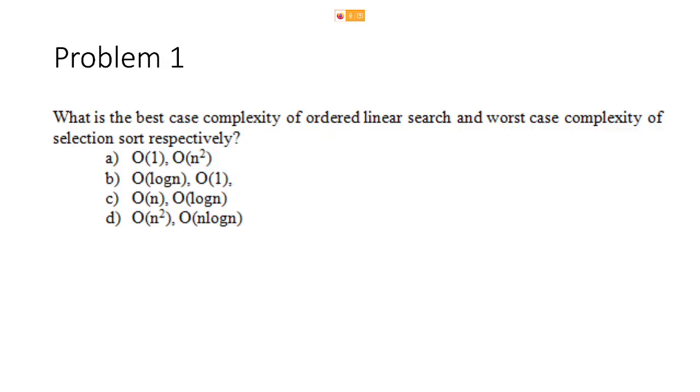Okay, so problem 1 is, what is the best case complexity of ordered linear search and the worst case complexity of selection sort, respectively? There are 4 options, and we have to tell which is the correct one.